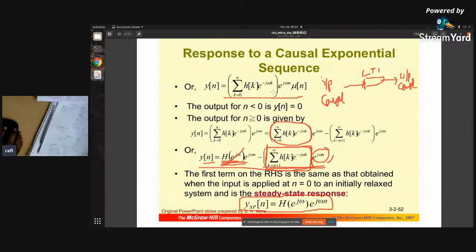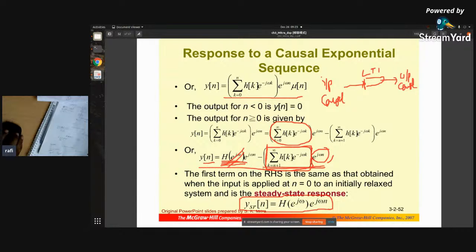But for such signals we have two terms. One is the steady state response of this system, which is generally h of omega times e power j omega n, the first term.